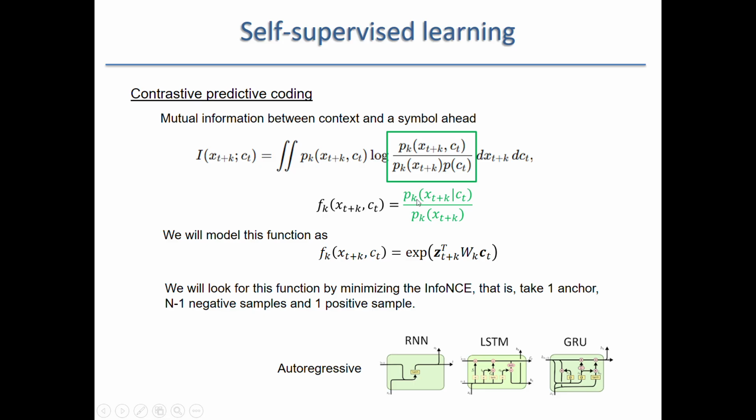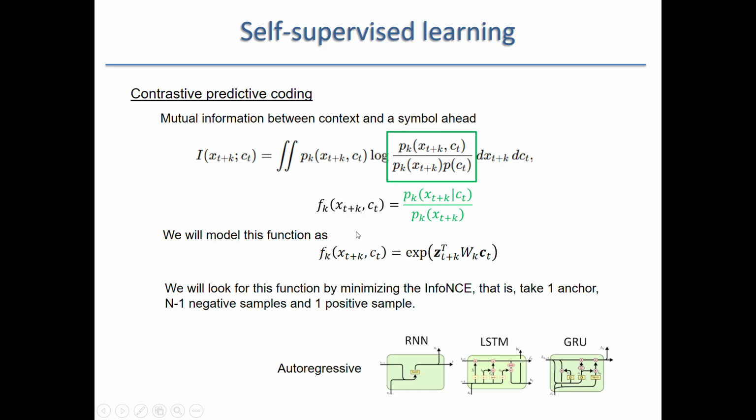We will take this function f, and we will model it in this way. We have the embedding and the context, and the multiplication of the two will be a matrix that we also have to learn.